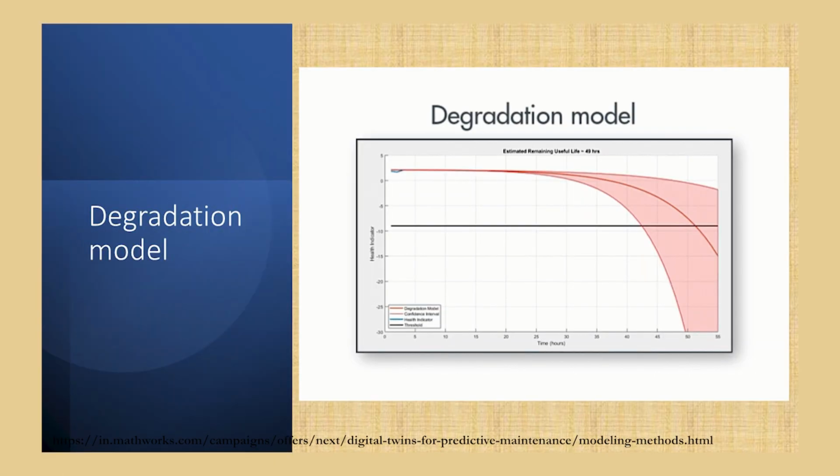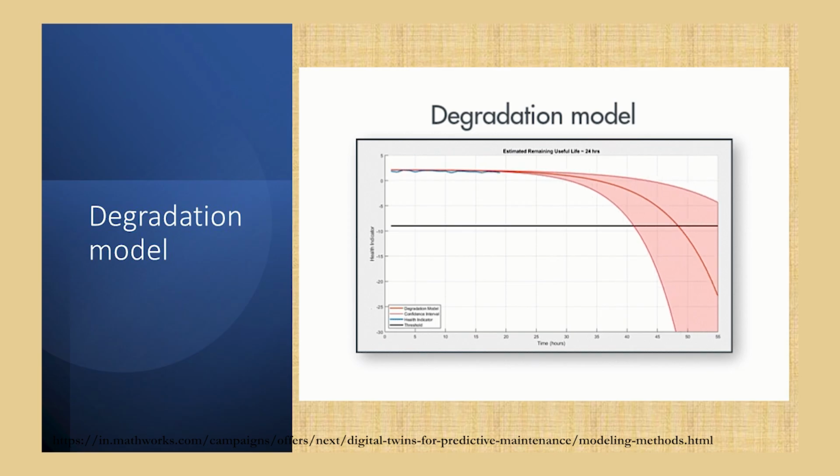So, this degradation model is one that evolves with time, you see. This should run, it's a video. Depending on how your sensor data is changing, your inner and outer control limits are changing.